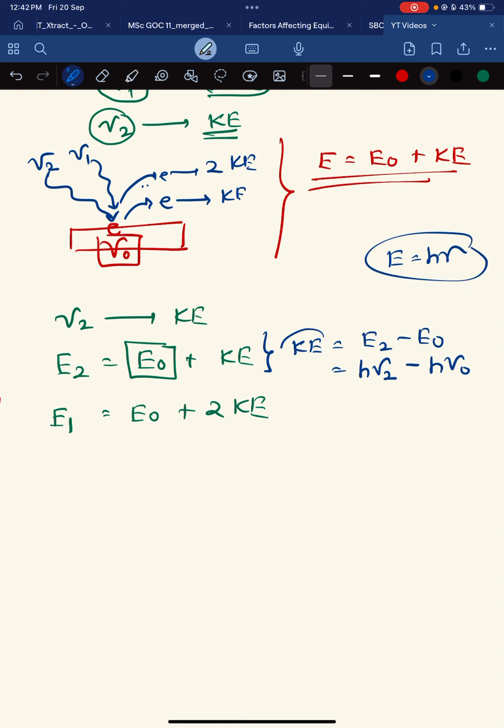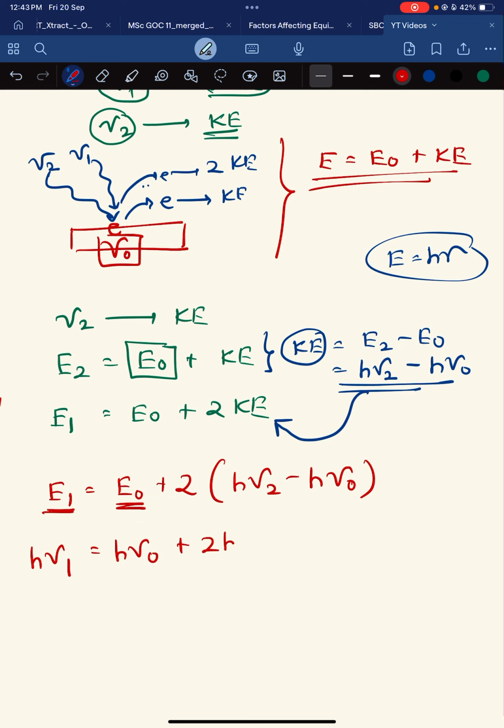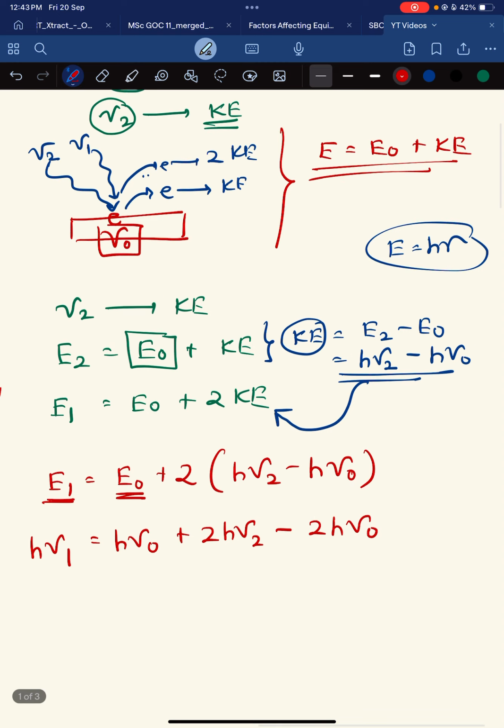Now I substitute this kinetic energy. E1 is E0 plus 2 times (h mu 2 minus h mu 0). Here E1 can be written as h mu 1 and E0 as h mu 0, so h mu 1 equals h mu 0 plus 2h mu 2 minus 2h mu 0.